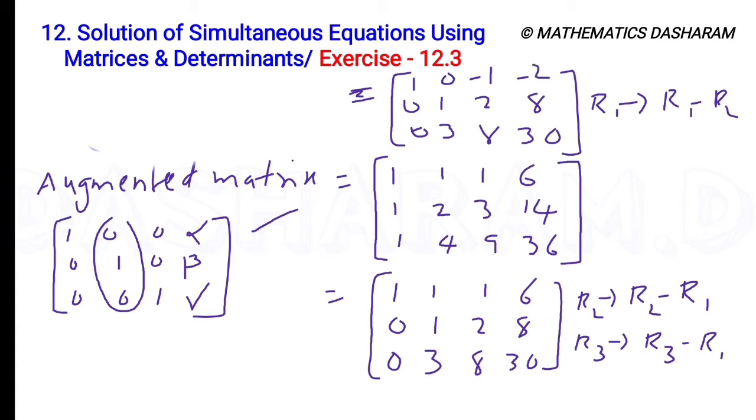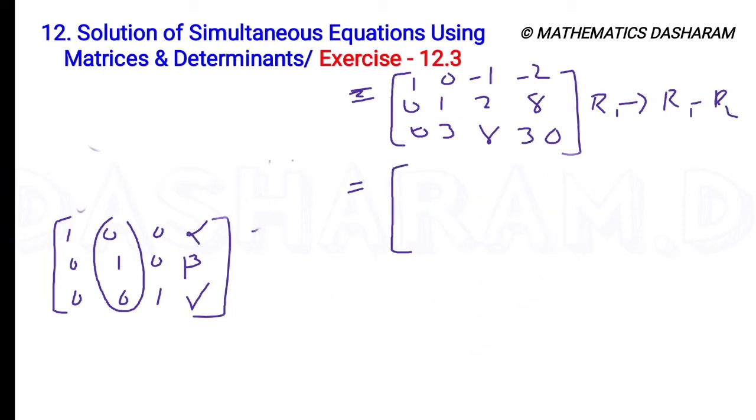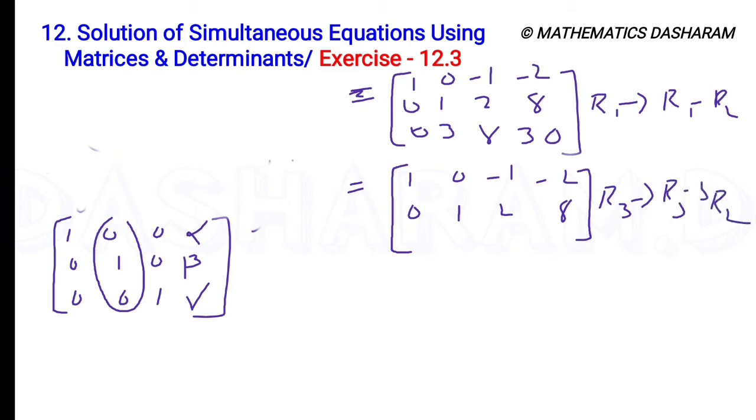Now let's get the 0 at this place. The first two rows have no changes at present, so I am writing them as it is. To get the 0 at this place, I am replacing the third row with R3 minus 3R2.